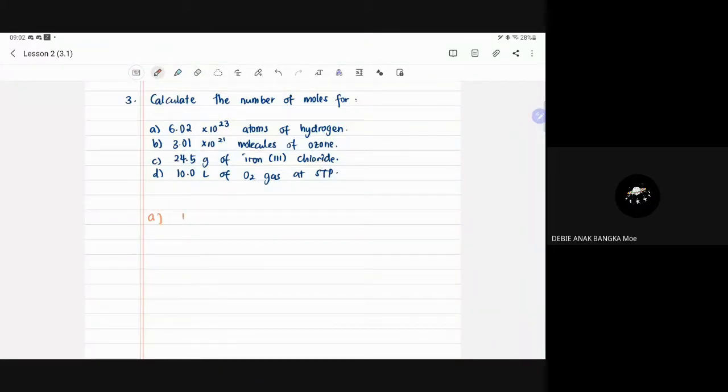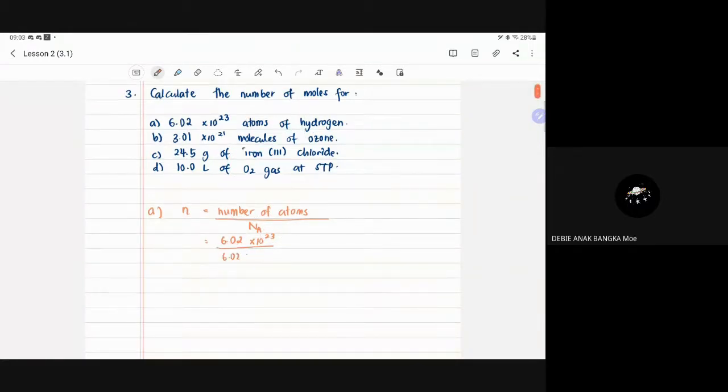Number of moles symbol dia adalah N. N equals to number of atoms divided by Avogadro's number. So number of atoms here is 6.02 times 10 to the power of 23. Dia punya Avogadro's number, it is the same, 6.02 times 10 to the 23, and you should get 1 mole.